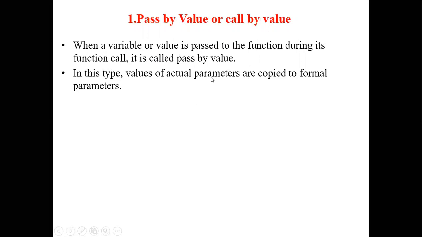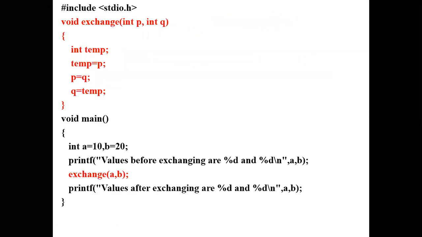Let's understand this with an example program, it will be very clear for you. We have taken an example of swapping two numbers using a temporary variable. This concept is called pass by value.